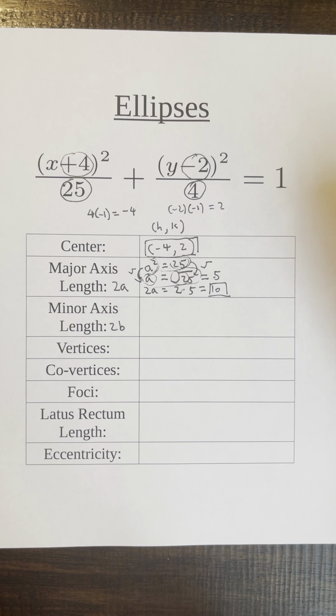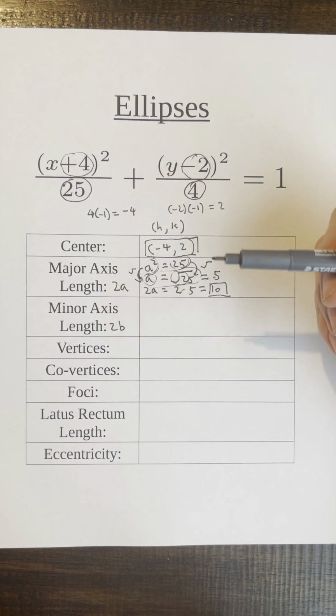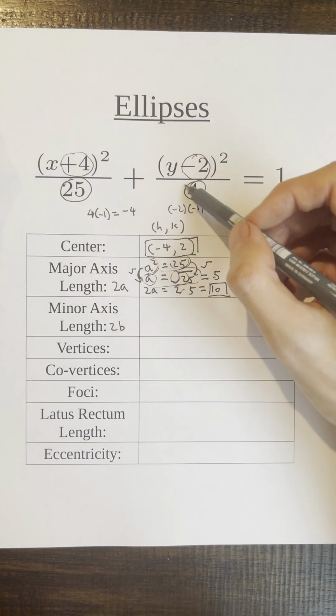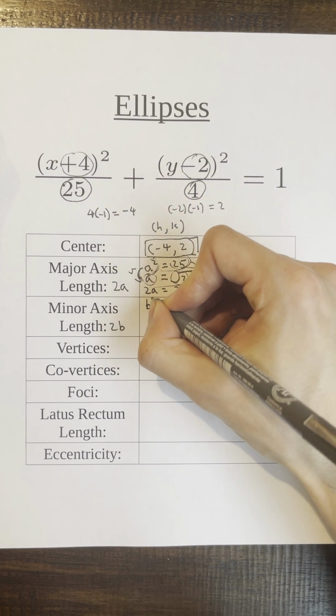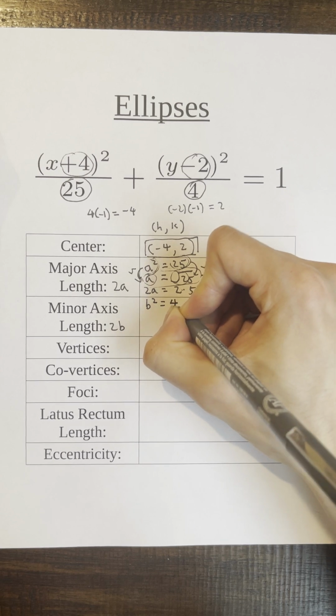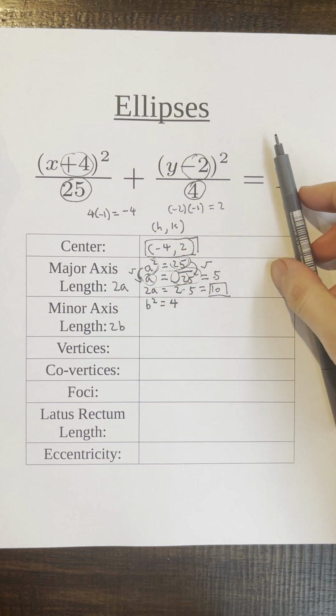Now, I want you to repeat my steps to figure out the minor axis length, but this time, you're going to be using the smaller of these two numbers. So this one's smaller, that means b squared is 4. Okay, I'll give you a second to pause the video and replicate my steps.